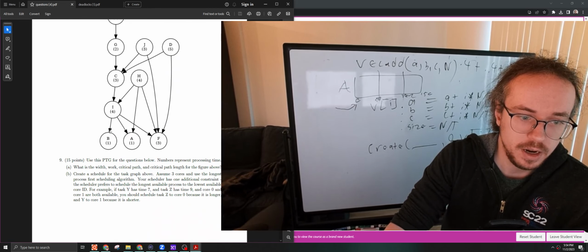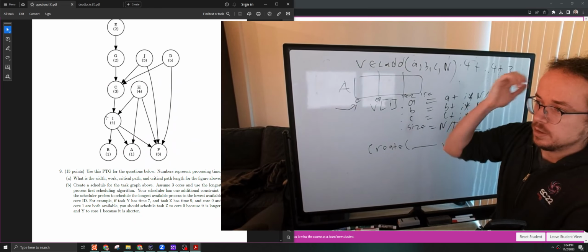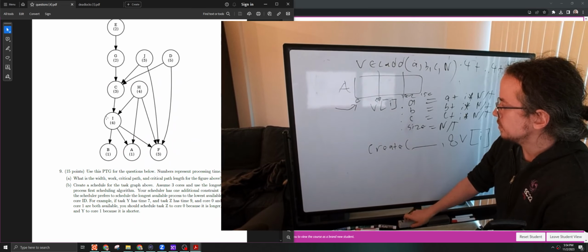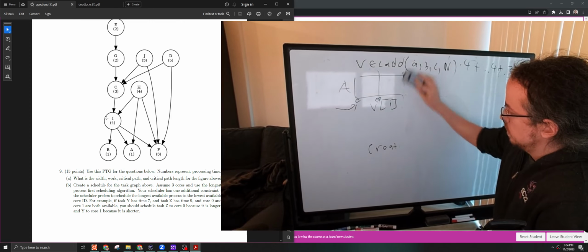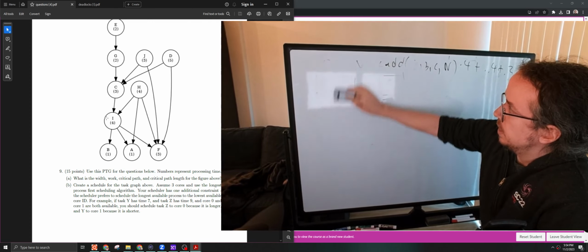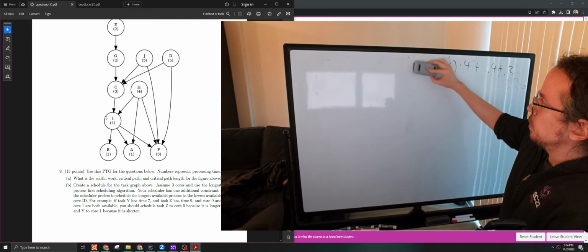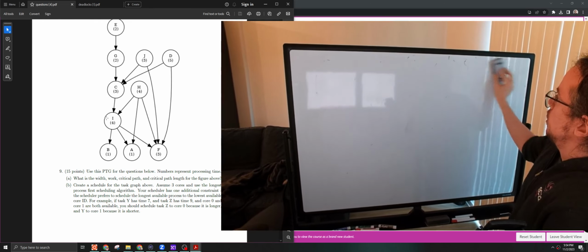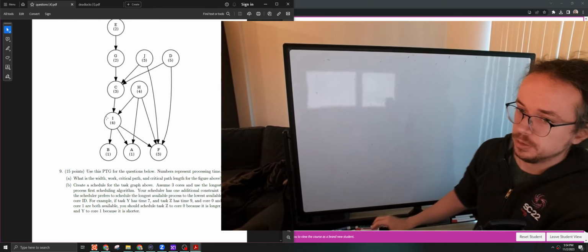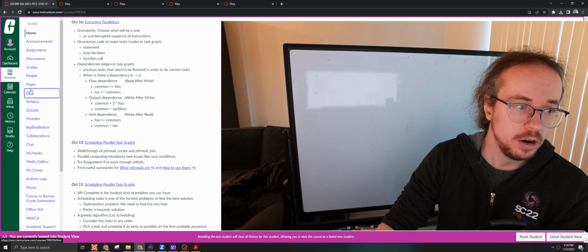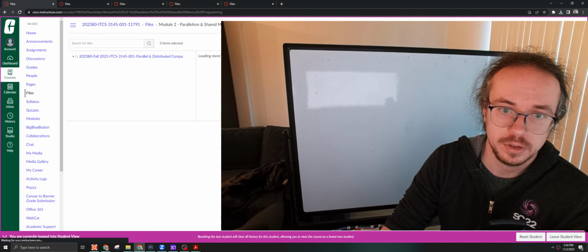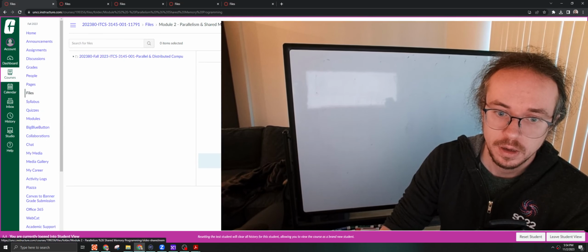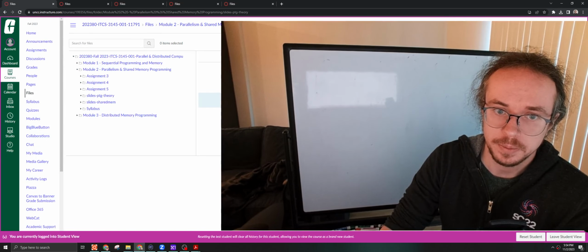All right, so then 9 and 10 are just about parallel task graphs and schedules. You can refer to the entire set of parallel task graph slides, and I'll show you real quick. They are in a directory in Canvas labeled Slides PTG Theory.